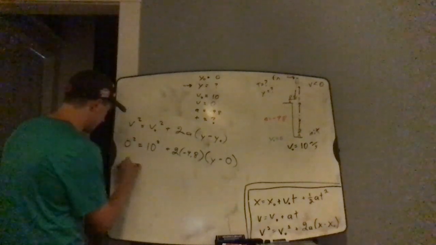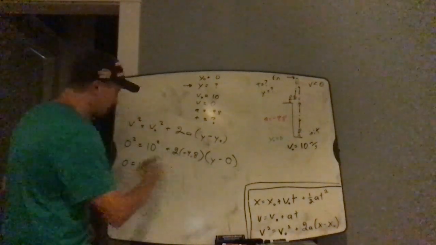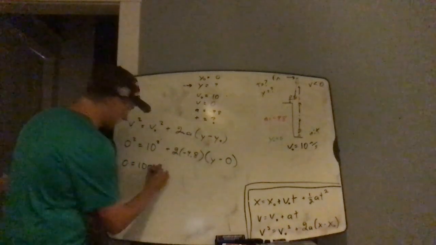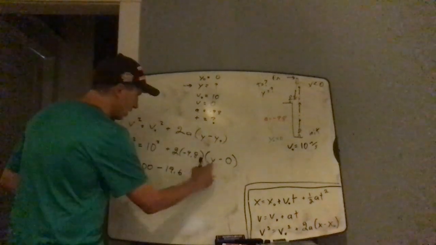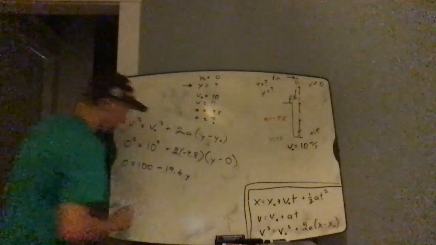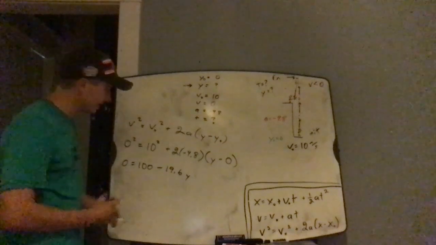So I could say 0 is equal to 10 squared, which is 100. 2 times negative 9.8 becomes negative 19.6. So minus 19.6 times (y minus 0), which becomes y, and I'm multiplying y there. Again, negative sign, I need to be consistent.